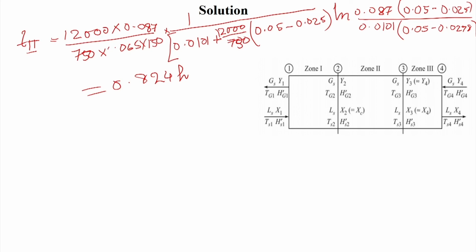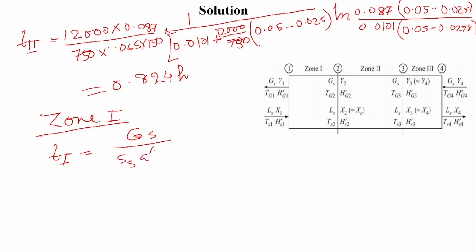Okay. Now, we will be calculating the time for zone 1. So, for zone 1, we have the total time T1 equal to Gs by Ss into A prime into Ky into ln of Ys minus y2 by Ys minus y1.